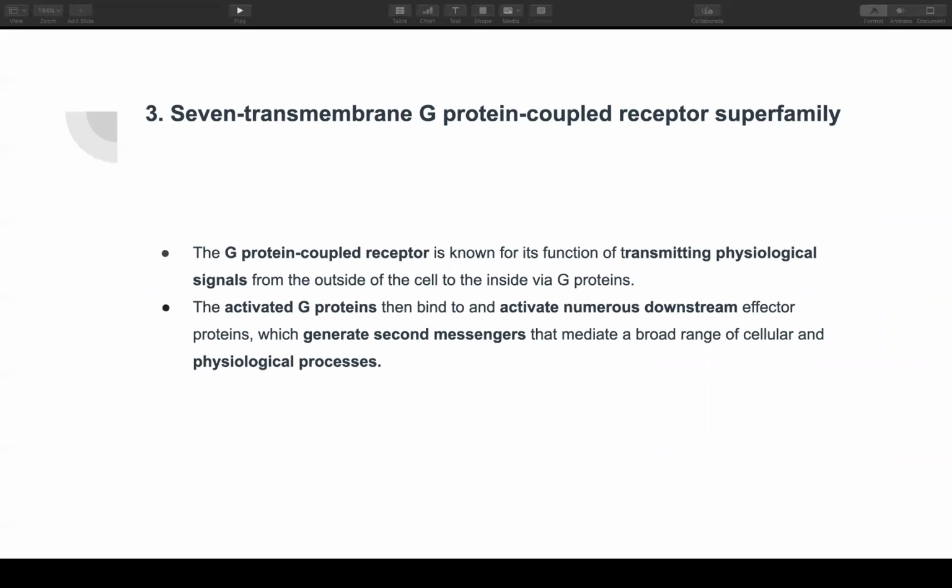And the family is known for its function of transmitting physiological signals from outside of the cell to the inside of the cell through the G protein. So the activated G protein then binds and activates numerous downstream effector proteins that will generate second messengers in the physiological processes.